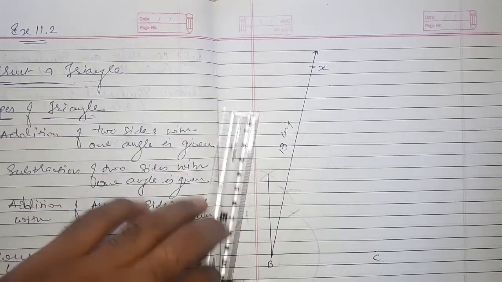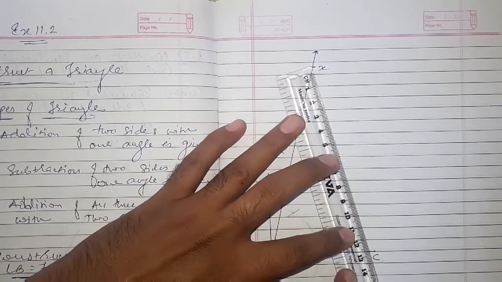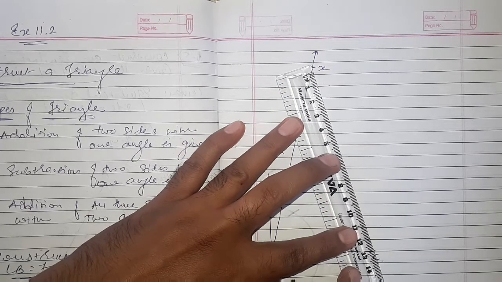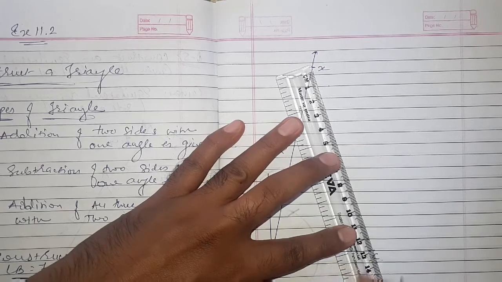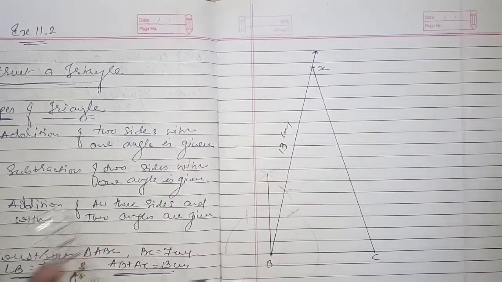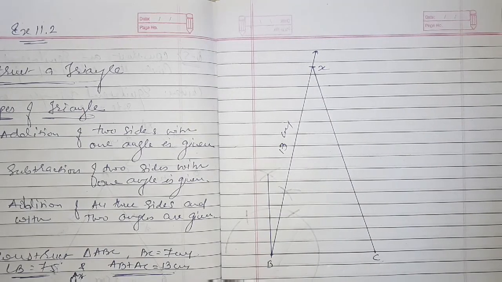So now join B with this X, join X with the C. Okay, join X with the C. Now construct the perpendicular bisector of XC.